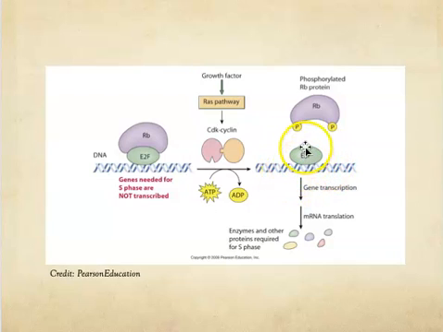E2F is then free to interact with the DNA molecule and promote the transcription and translation of genes that are making proteins required for S phase. So unless this occurs in a cell, the S phase will not occur. The cell will not move forward into S phase.